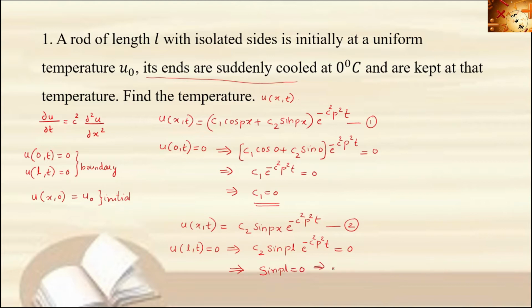Sin pL is equal to 0 means pL is equal to n pi, for n an integer. This implies p equals n pi divided by L. So substitute this value of p in our equation 2.